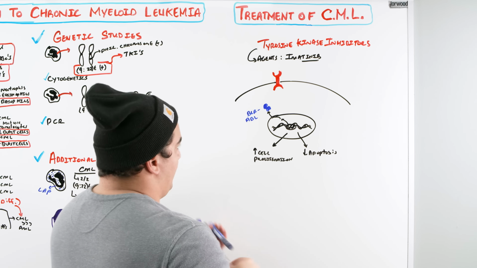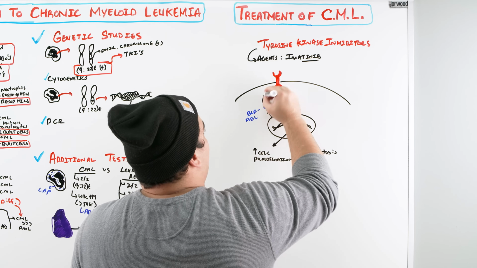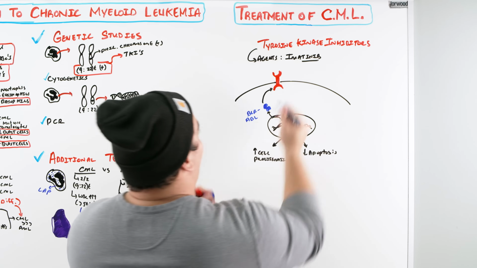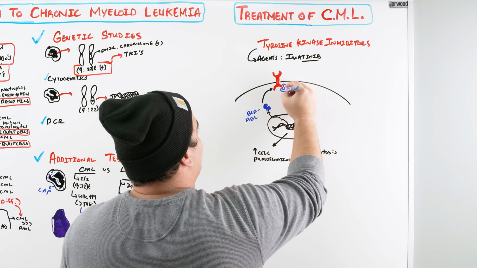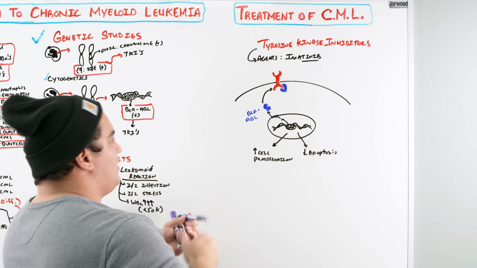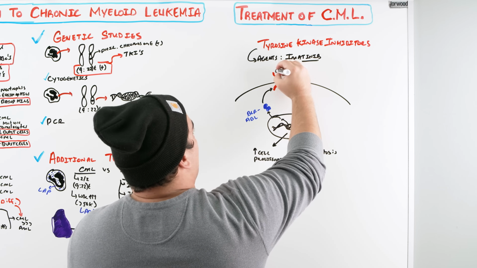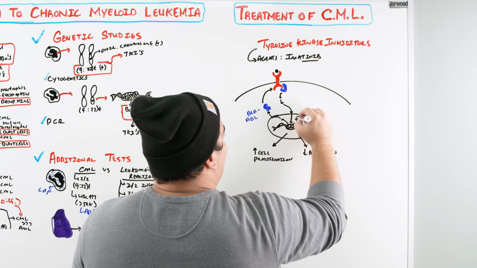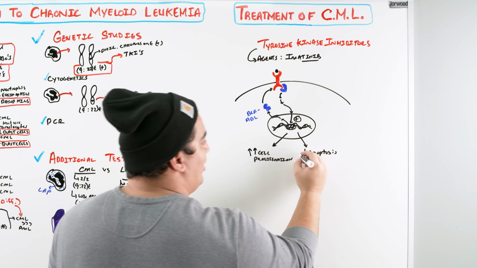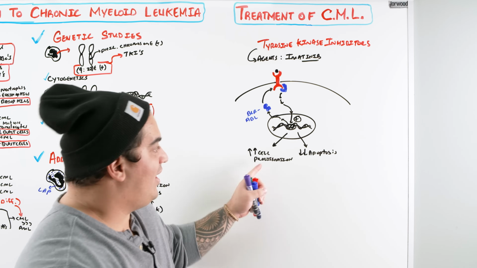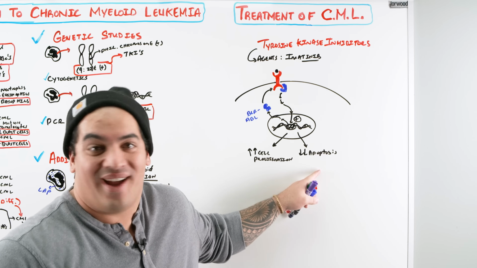What this does is it fuses onto this tyrosine kinase receptor, and when it fuses on, it hyperactivates the receptor. So when any kind of stimulus hits this puppy, it causes a hyperactivation, which stimulates these genes to increase cellular proliferation and decrease apoptosis. And so the cells continue to replicate and don't die.